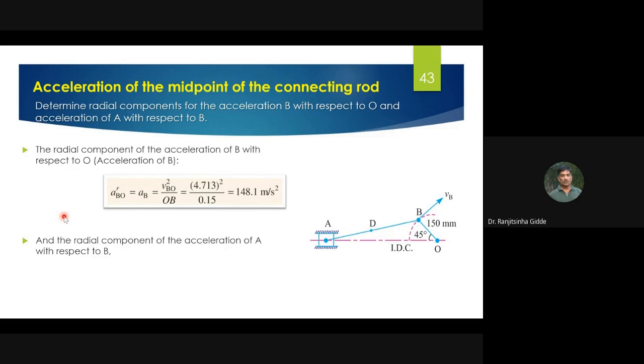Next line you can write, and radial component of the acceleration of A. So this value already we have determined previously.